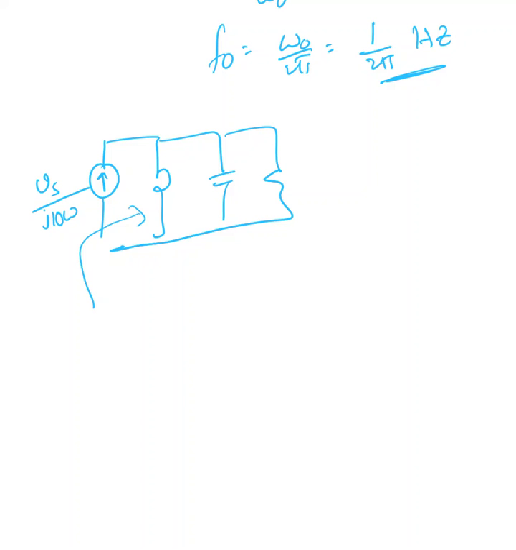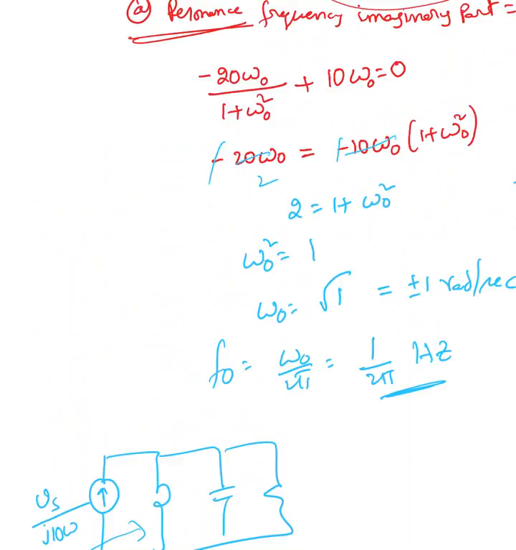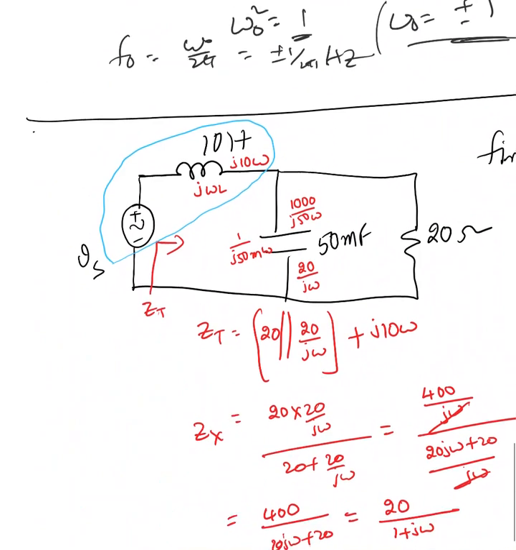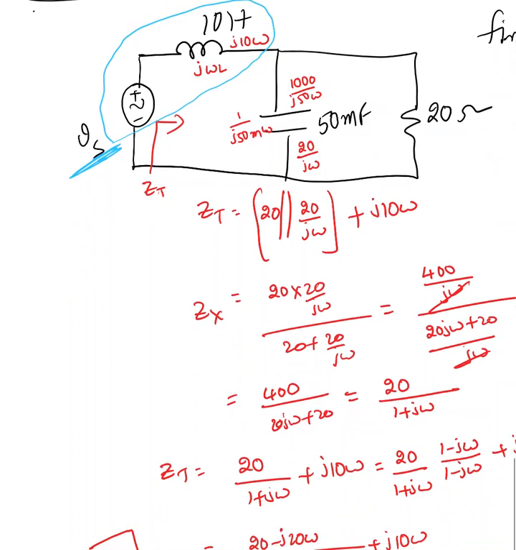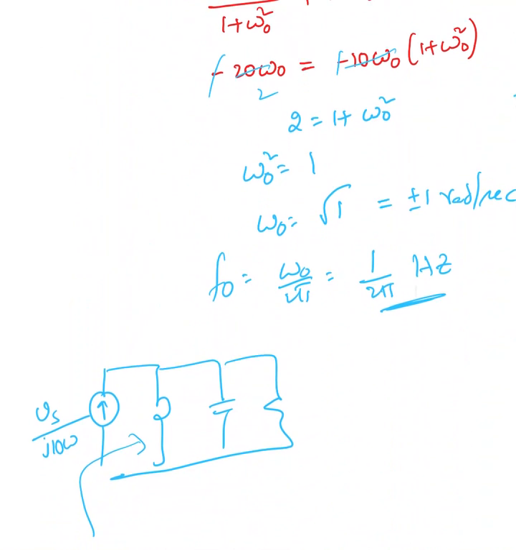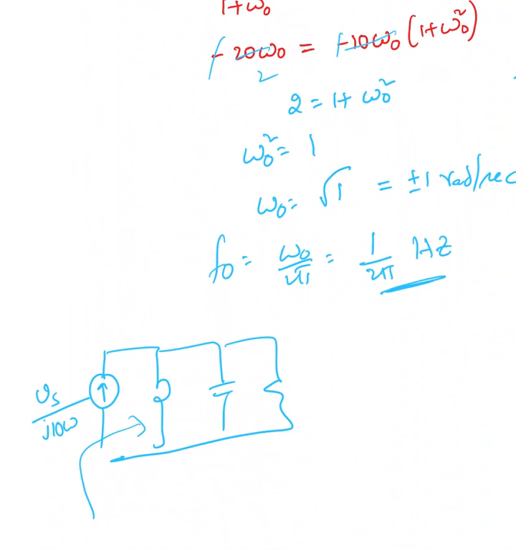your total impedance, does the source affect you in the previous example? If you look here, I do not care what my source was. I was able to find the total impedance without including the source. Now what happened here, once I remove the source, the circuit is a completely different circuit.